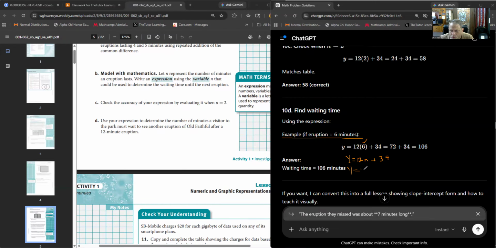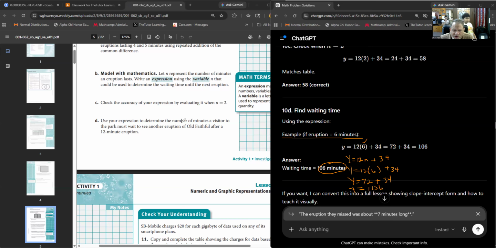y equals 12 times 6 minutes. Right? And then y equals 72 plus 34. So y equals 106 minutes. So 106 minutes.